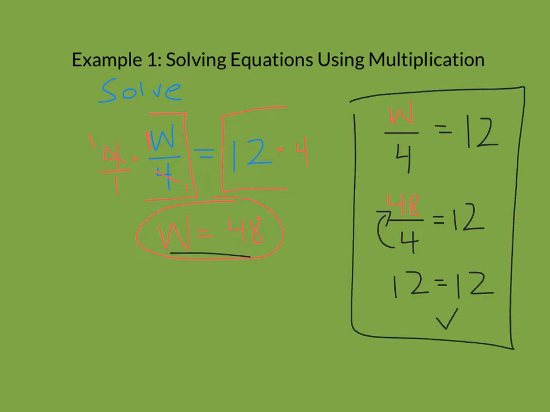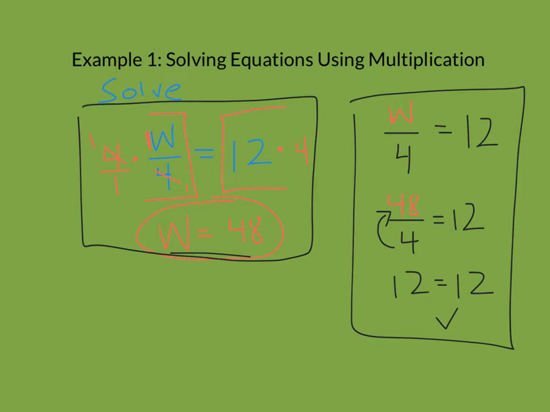So this needs to be written, and this needs to be written. You do not need to show me this part of it, like doing the cross factoring. You just need to put W over 4 times 4, because that's getting my W all by itself.